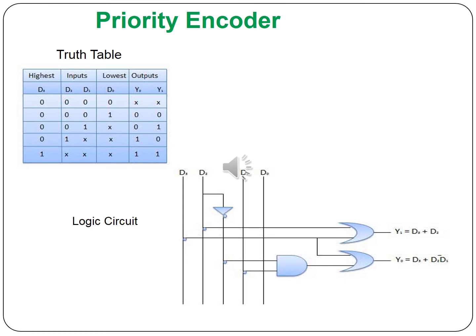So this is the priority encoder truth table for the logic circuit. The truth table has the highest and lowest priority inputs, where D3 is the highest priority and D0 is the lowest priority. The inputs are D3, D2, D1 and D0. When all the inputs are 0, the output may be 0 or 1.